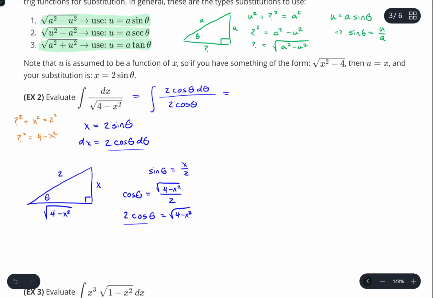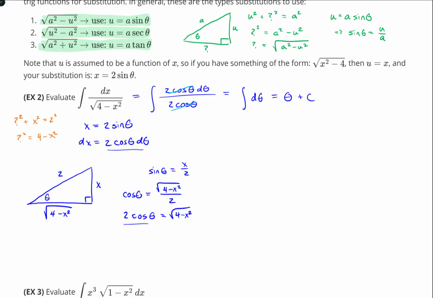Okay, if you'll notice here, the 2 cosine theta appears in the numerator and denominator, so that just cancels out, and I'm left with the integral of just d theta, which is just theta plus c. And the only thing left to do is to change that back into a function of x, that is.